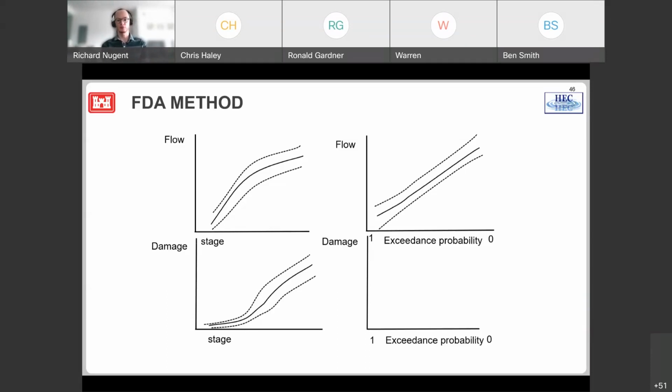And we do that by representing the hazard, the performance, and the consequences as curves. We incorporate uncertainty as distributions about those curves, and we produce our results with uncertainty by sampling our input curve distributions.